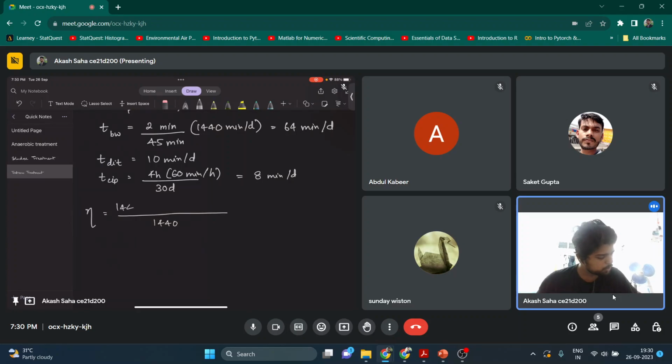Out of this 1440, 64 minutes is going for backwash, 10 minutes for integrity, and 8 minutes for cleaning. So it will be 0.943. This is my online production factor.